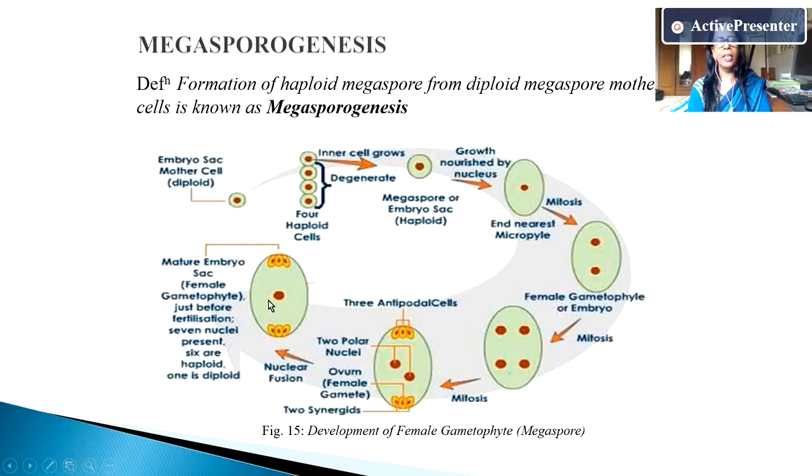The 8 cells are arranged as 3 antipodal cells, 3 in the egg apparatus, and 2 polar nuclei forming the secondary nucleus. The secondary nucleus is diploid, while the antipodal cells and egg apparatus are haploid. In the micropylar region, the egg apparatus contains the egg at the center, that is the female gamete, with synergids on either side.